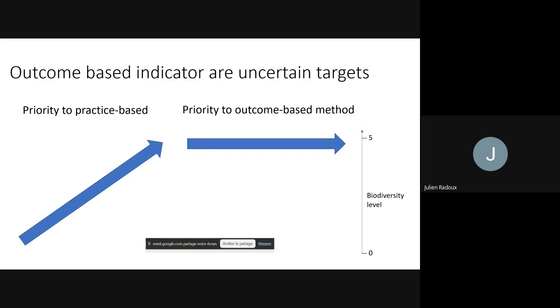It is the logic of Natura 2000. If an area is designated as Natura 2000, it means that it had a high biodiversity value, and the first rule is not to change the way this place is managed.